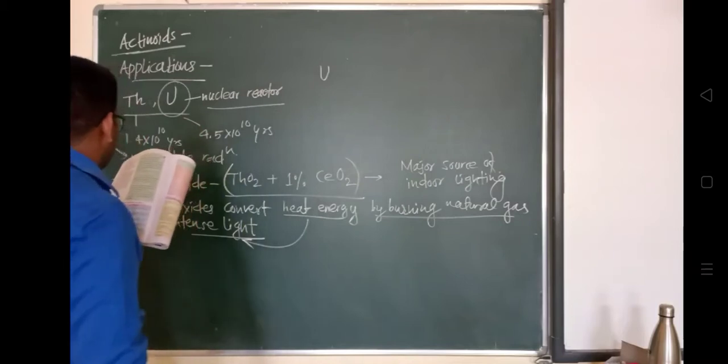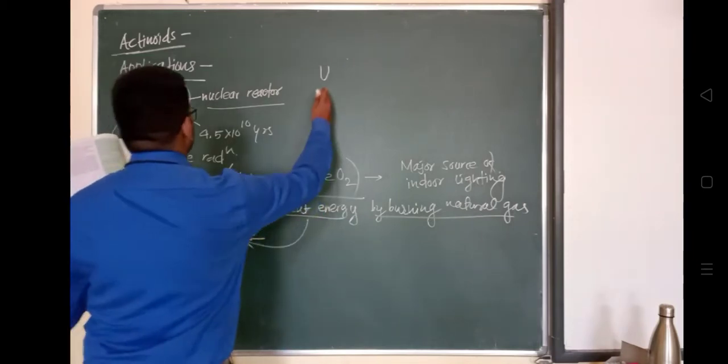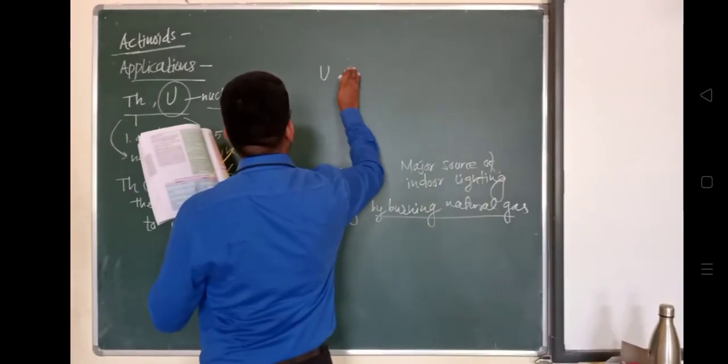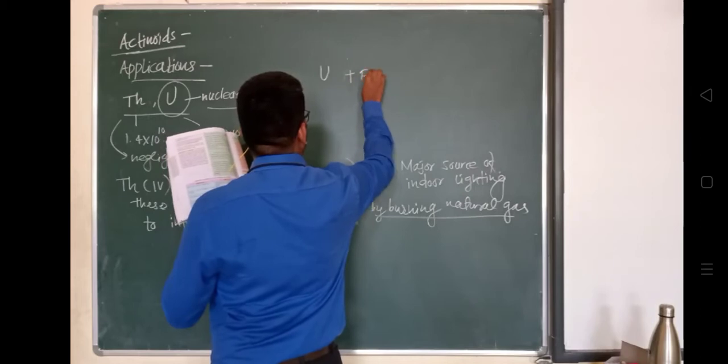When this uranyl sulfate reacts with ammonia, it gives rise to yellow ammonium diuranate.